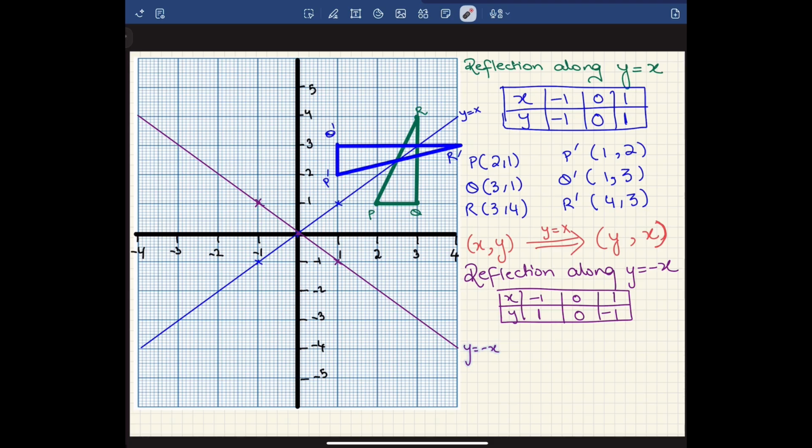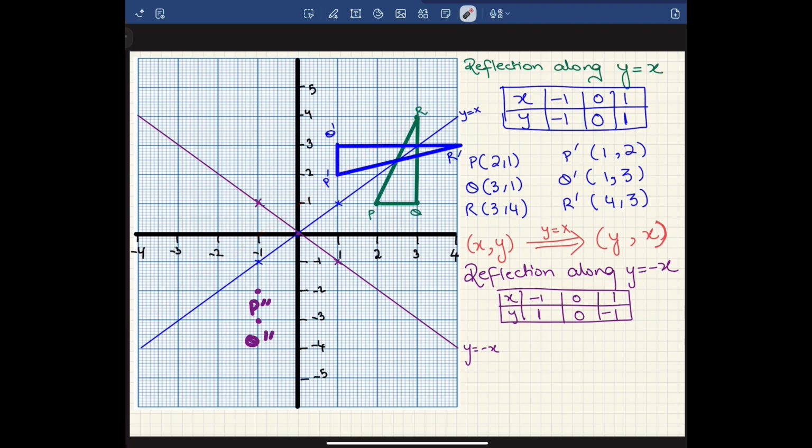So let's calculate the distance of P from the line of reflection. 1, half, half, 1. So this is where P prime is going to be. Let's call it P double prime. Let's have a look at Q. 1, 2, 1, 2. This is where Q double prime is going to be. And let's have a look at R. 1, 2, 3, half, half, 1, 2, 3.